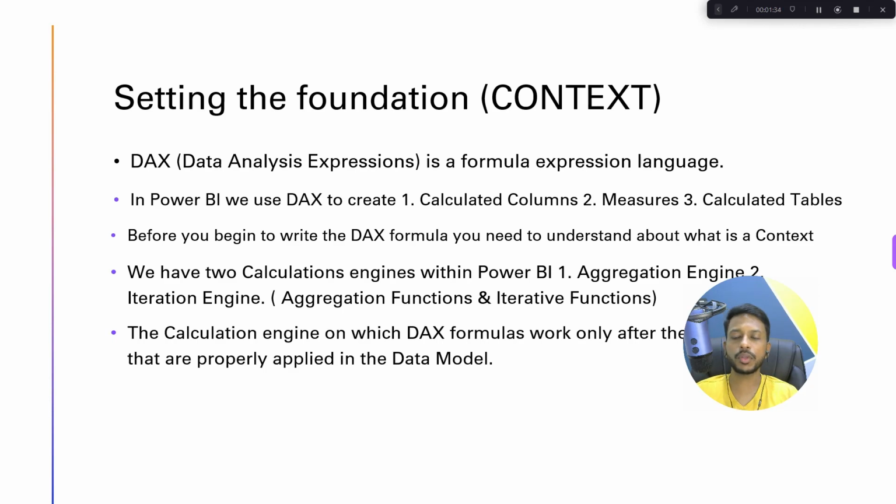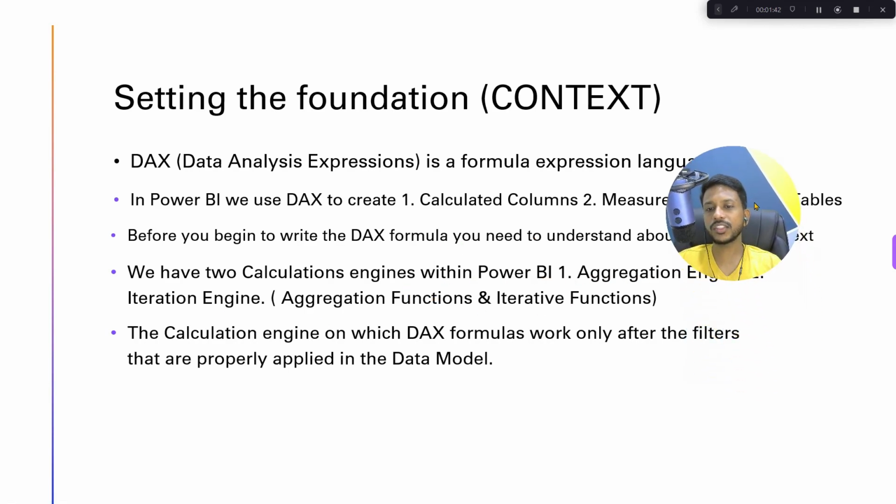And then we have something called the calculation engine on which DAX formulas work. The same thing which we spoke about, these two engines, the aggregation engine and the iteration engine. One of those two engines works only after the filters are properly applied in the data model. What this point is trying to say is, whatever engine is acting, it will act only after the actual data model works.